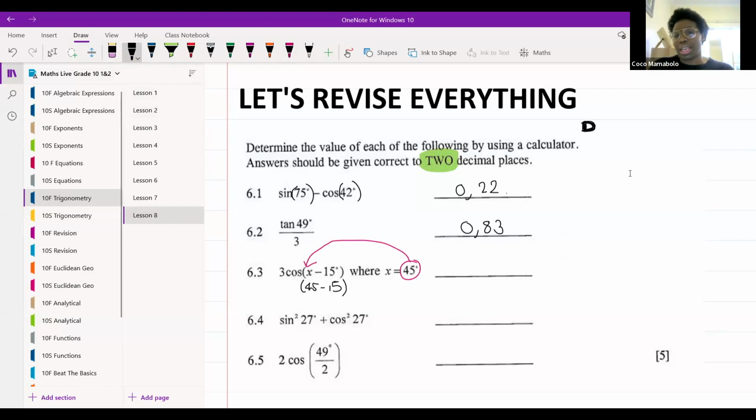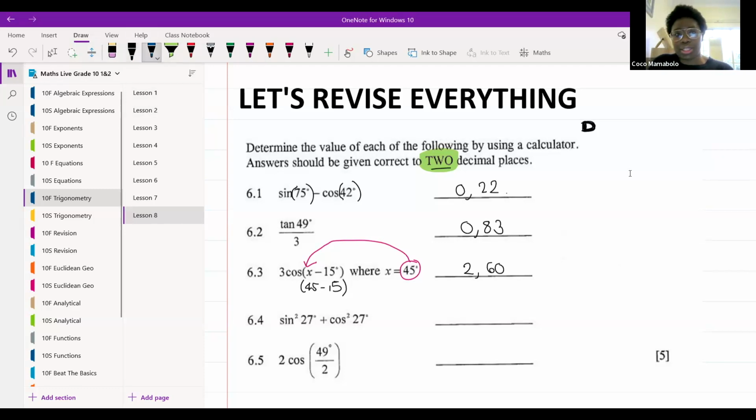We don't want that. And I know normally we say that's the most accurate answer, but in this particular case, the instruction says the answer should be given correct to 2 decimal places. So we want to click the SD button so that we can find that number. Okay. So it should give us 2.60.